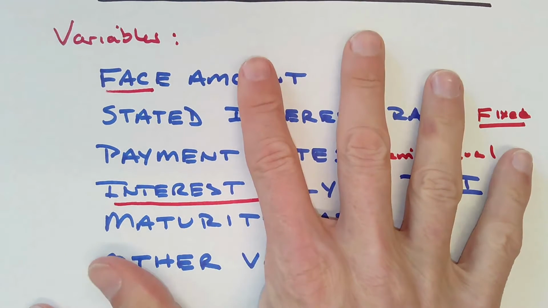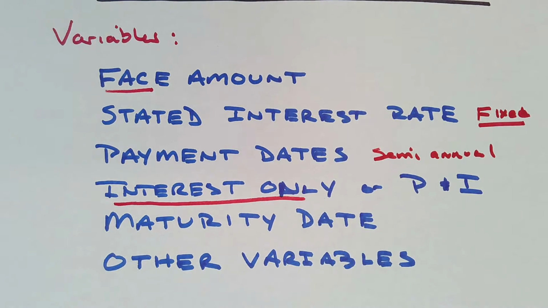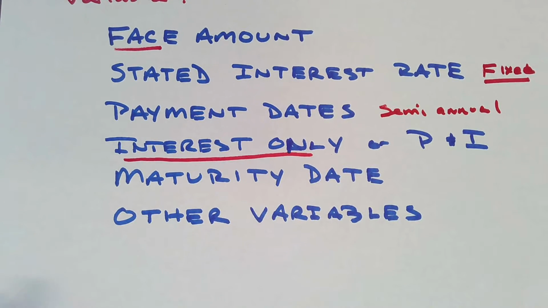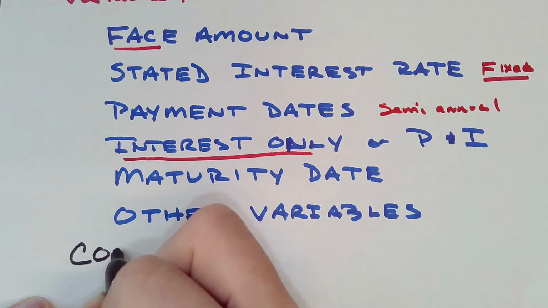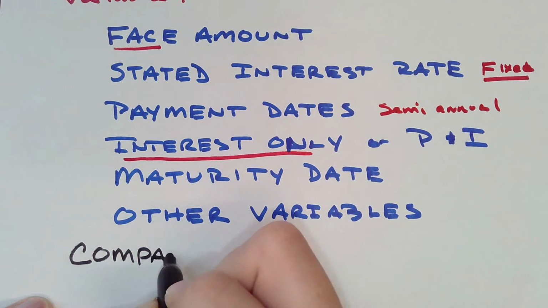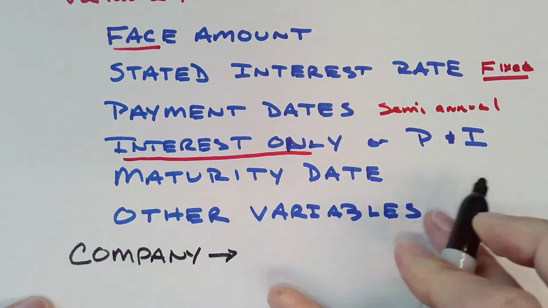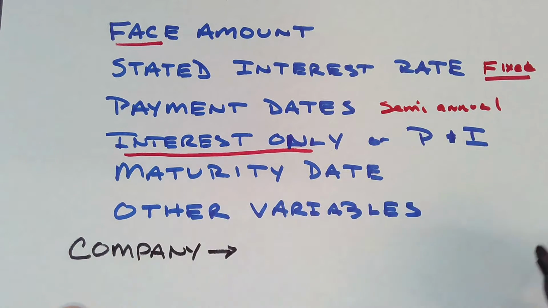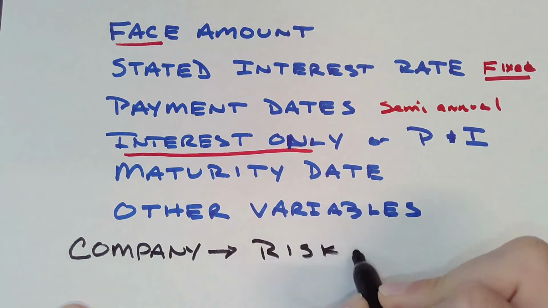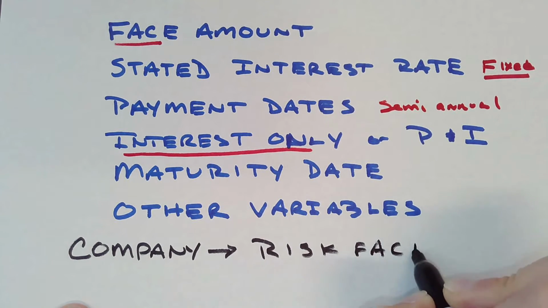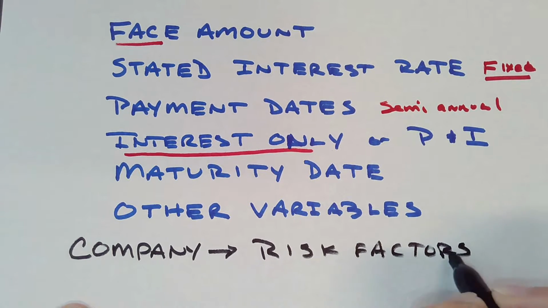So one of the things we've got to also evaluate is for the company. If the investor is looking at this company, what are the risk factors for this company?